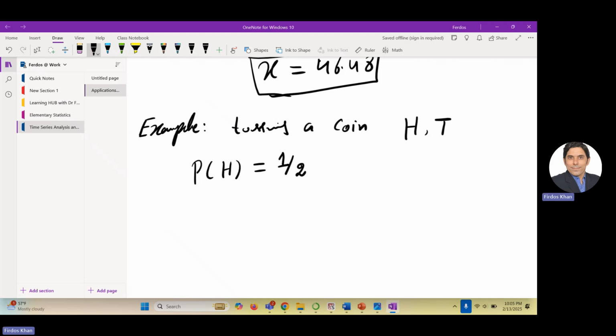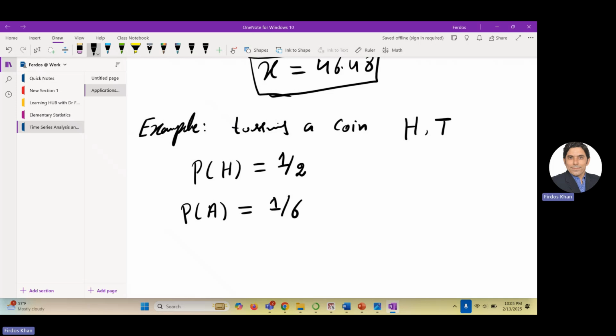Similarly, if you roll a die that has 6 sides, suppose event A represents a side of the die, the probability will be 1 divided by 6, because the total number of sides of the die is 6. So you cannot say with certainty in advance that it will be 1, 2, 3, 4, 5, or 6. So this is the definition.